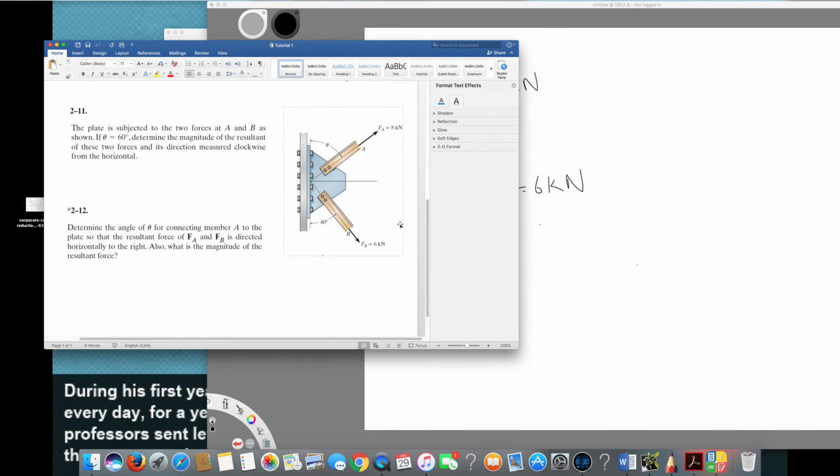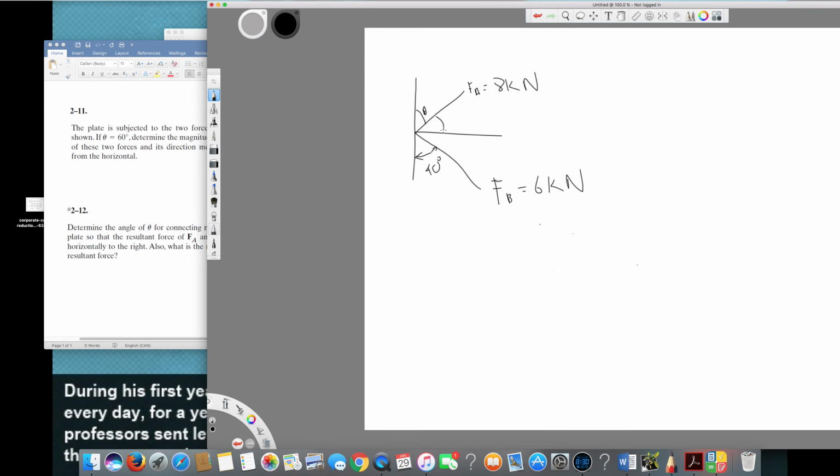And we don't know this angle and this one. Let's find it out. If it's theta, it should be 90 minus theta. And this one is making 90 degrees, so we know this one is 50 degrees, and that's all about it.